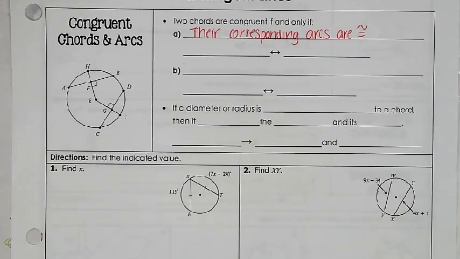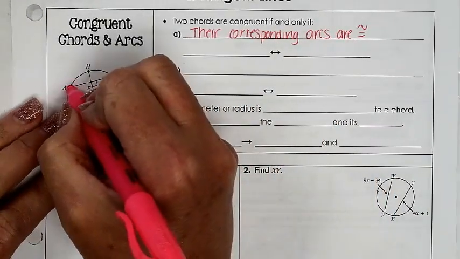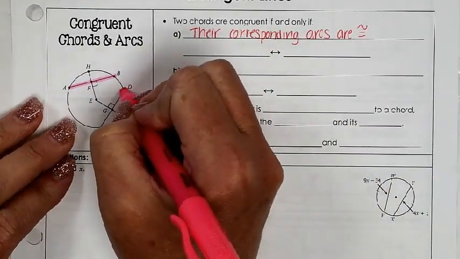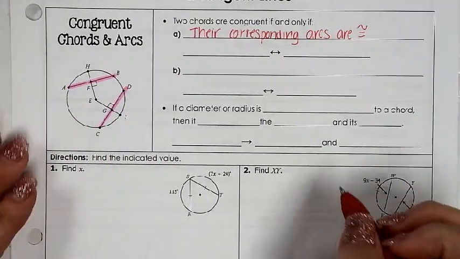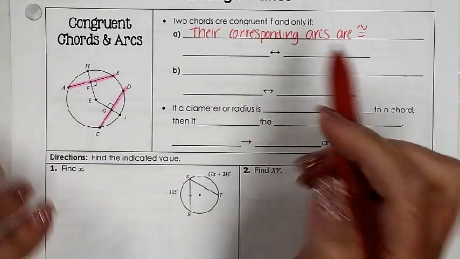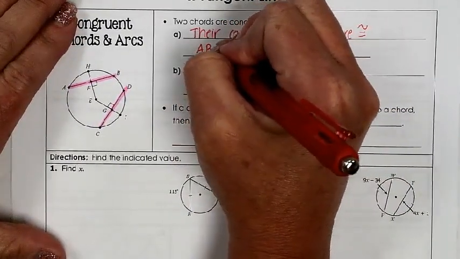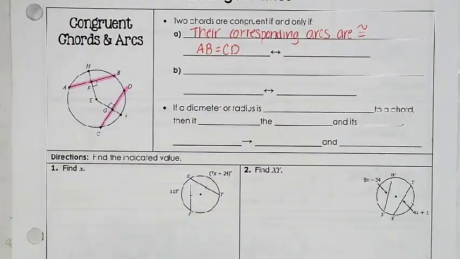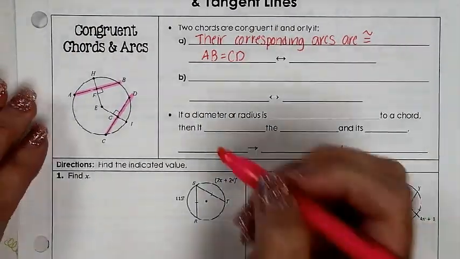So if I look over here at the picture, the chords that we are talking about here would be AB and CD. So if two chords are congruent, so if AB is congruent to CD, then their corresponding arcs are congruent.